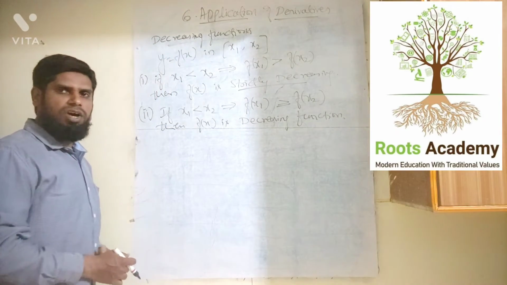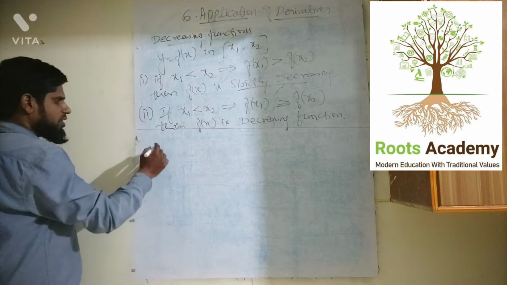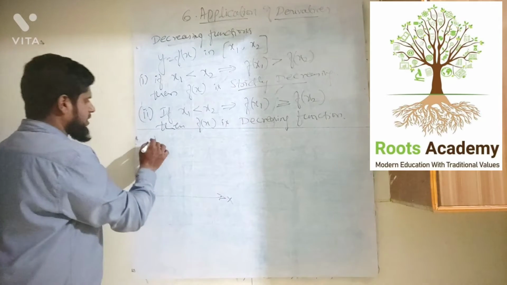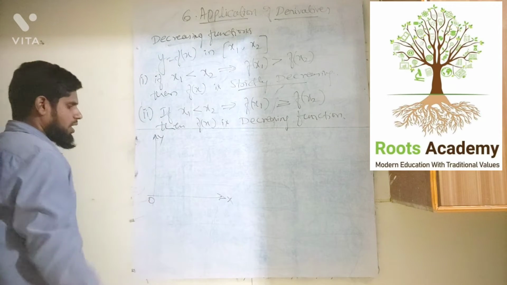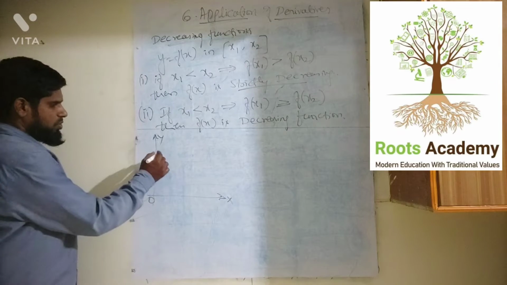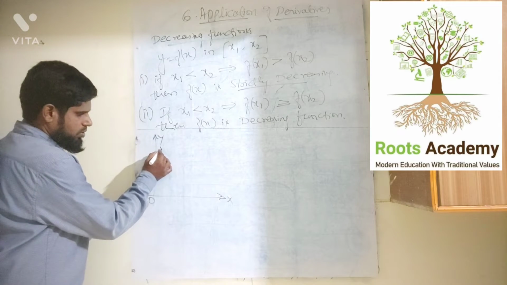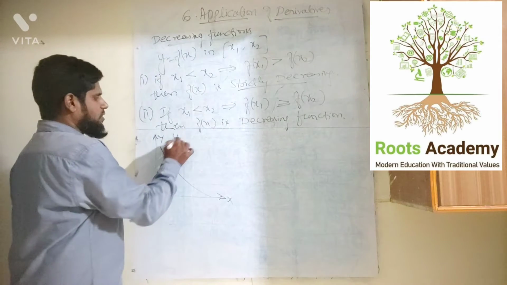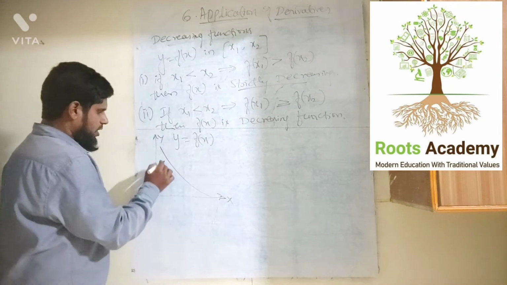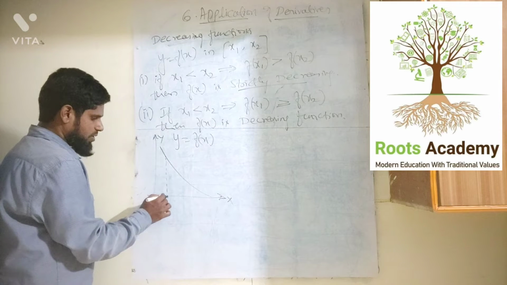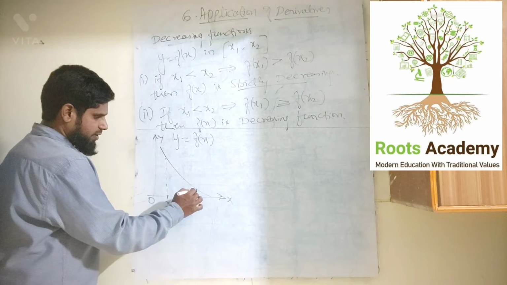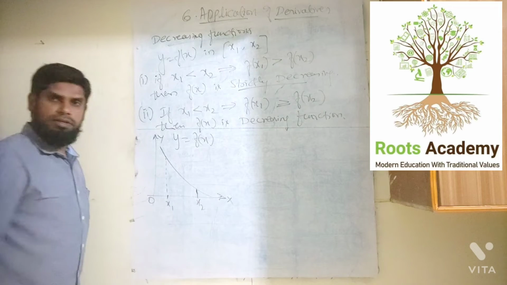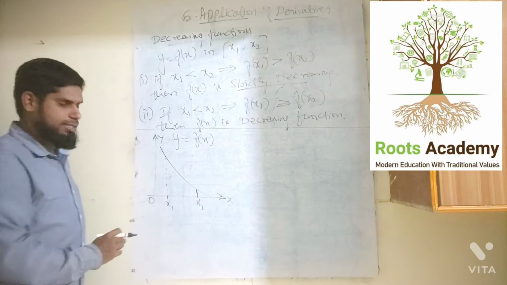Now let us see the graph of this. We have a function. This is my x-axis and this is my y-axis, and it is 0. This is the graph of the function y is equal to f of x here. And let me call this my x1, and somewhere here my x2. These are the intervals on the x-axis.